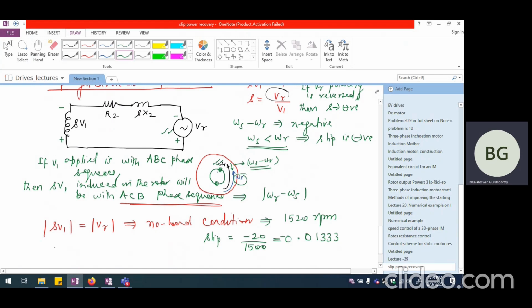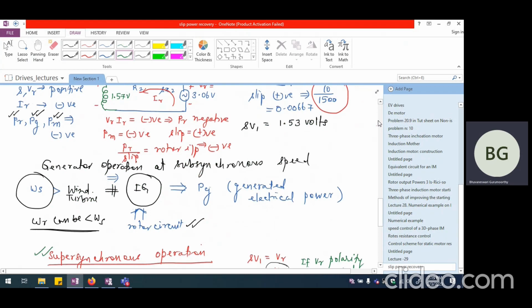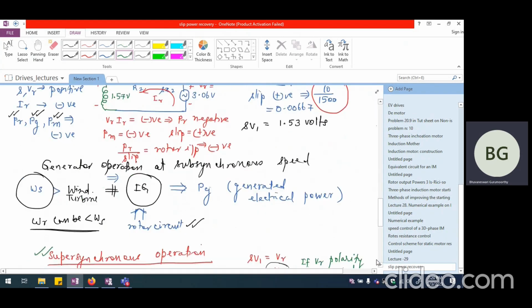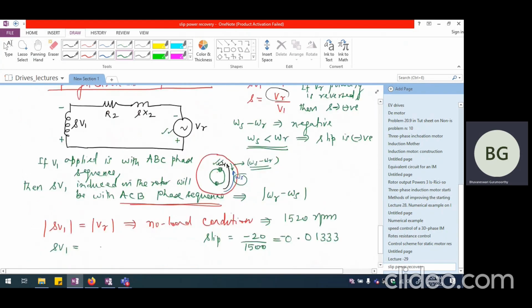So I can say S times V1, like what we calculated earlier, the voltage is again going to be 3.06 volts, but with a negative sign. So this is going to be minus 3.06 volts. We would see that this is 3.06 volts with plus on this side and minus on the other side.